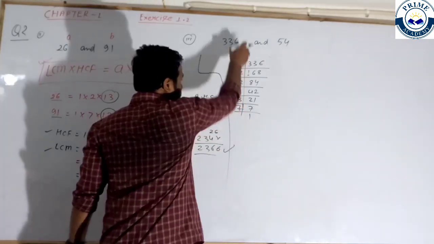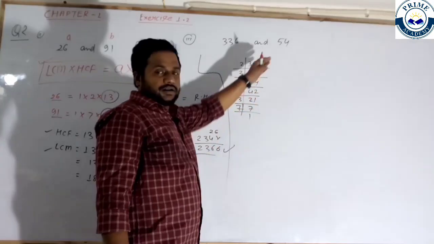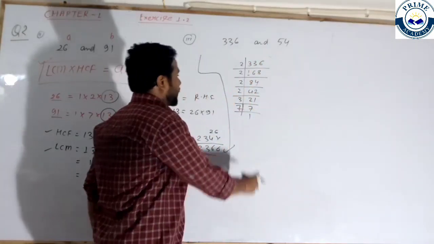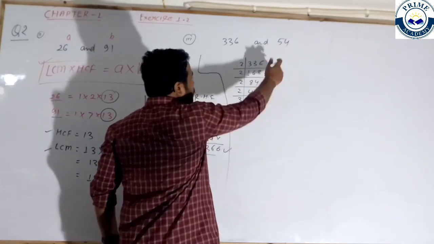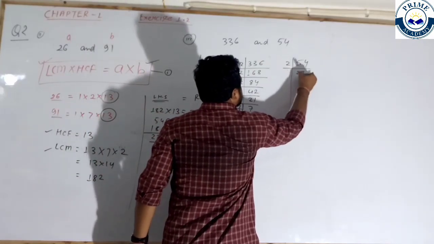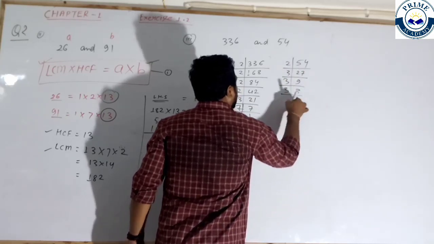I hope you know how to simplify it, 8th and 9th standard में पढ़ चुके हो, how you will do that, right? So one more thing, 54. 54 you will easily divide, this will be 27, this will be 9, 3, 3 will be 1.